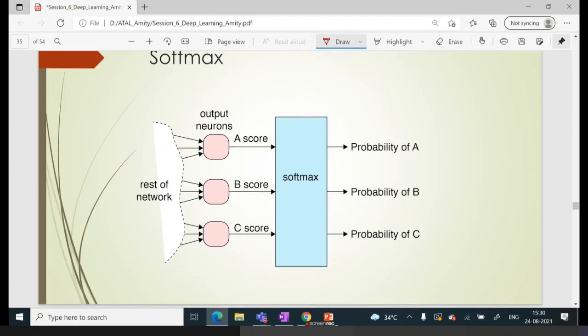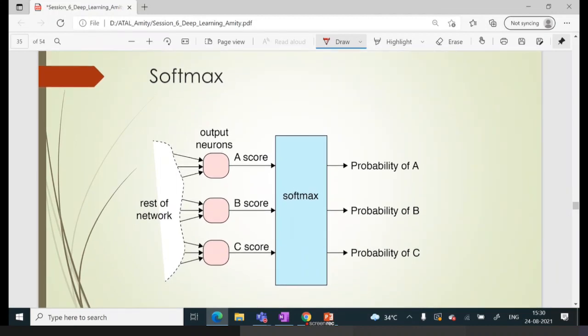Now, softmax is not actually an activation function, but it's very useful, and we are going to use it many times. Why? Because let's say you are doing a classification task, and there are three categories of possible outputs: object class A, object class B, and object class C. And you are saying the A score is, let's say, 15, the B score is 5, and the C score is 37.